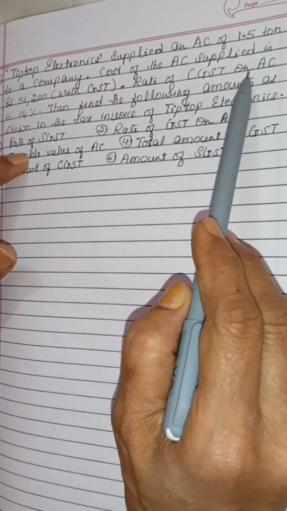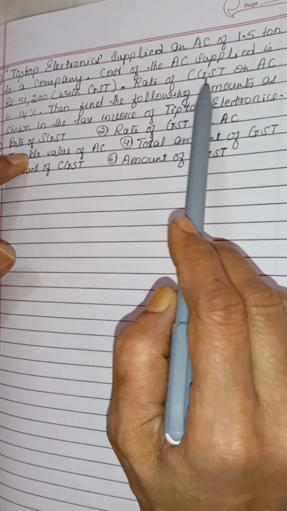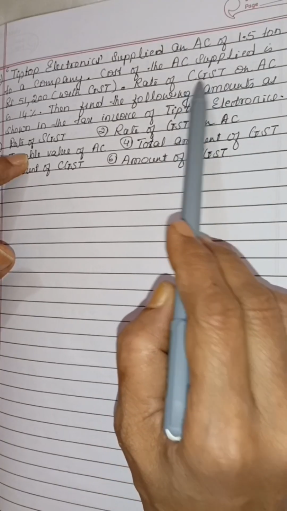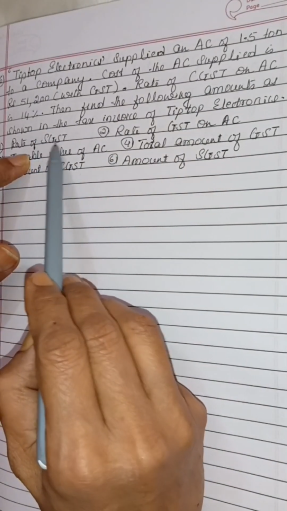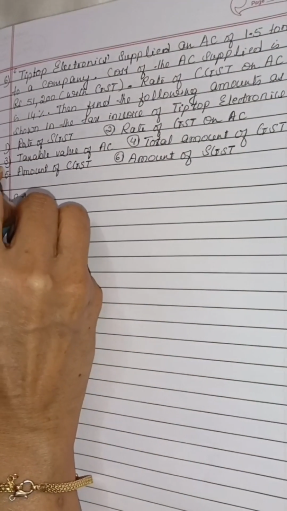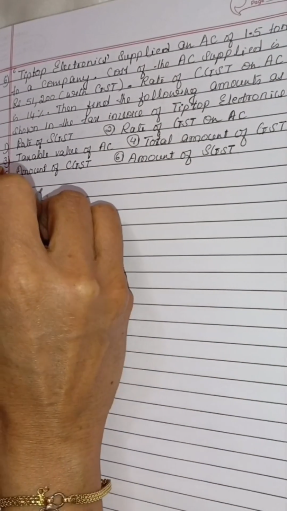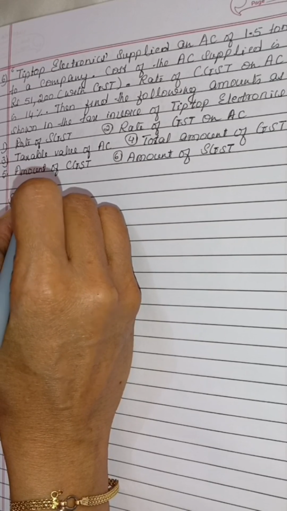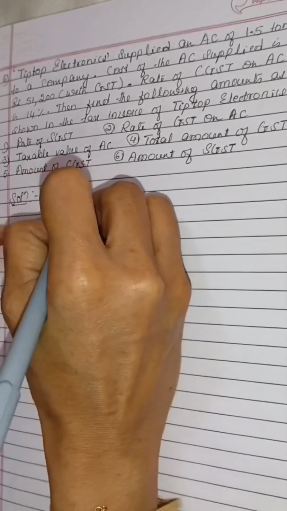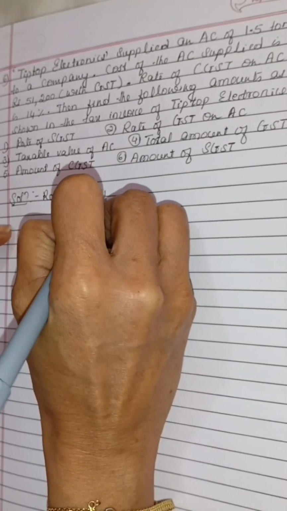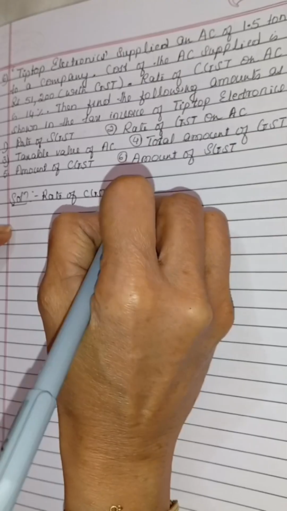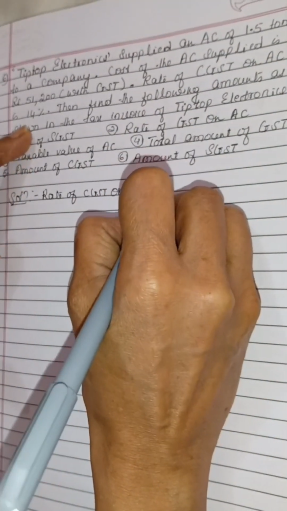See here, rate of CGST is given. We know that rate of CGST equal to rate of SGST. CGST is 14%. Therefore, rate of SGST is also 14%. So solution part. Rate of CGST on AC is 14%.